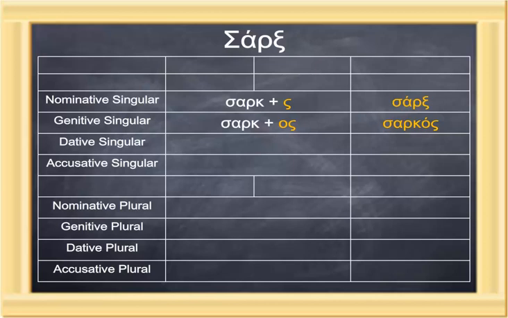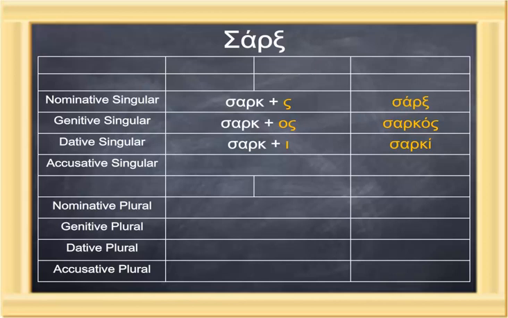When we turn then to the nominative, we see that a change has happened. The stem, sark, plus a sigma gives us sarx, not kappa sigma, but the two combining to form a xi. This is the product of the square of stops that we'll talk about later.